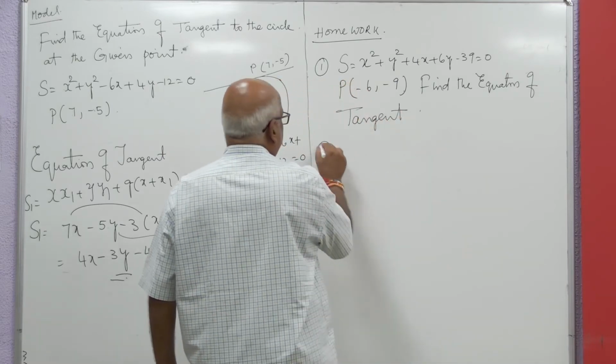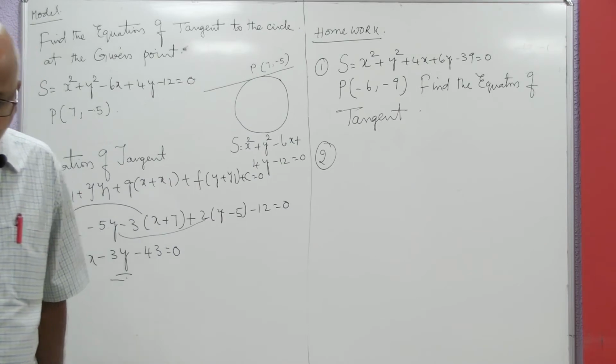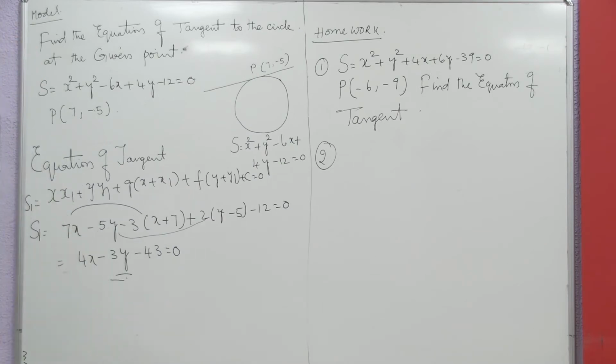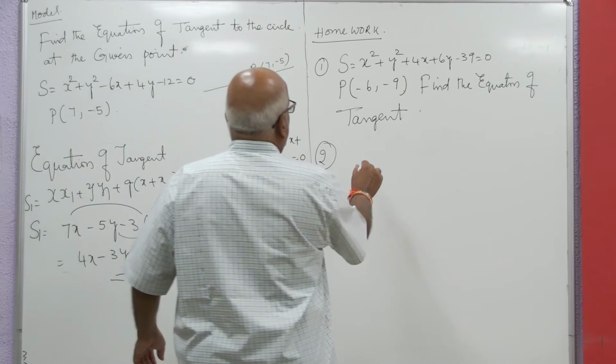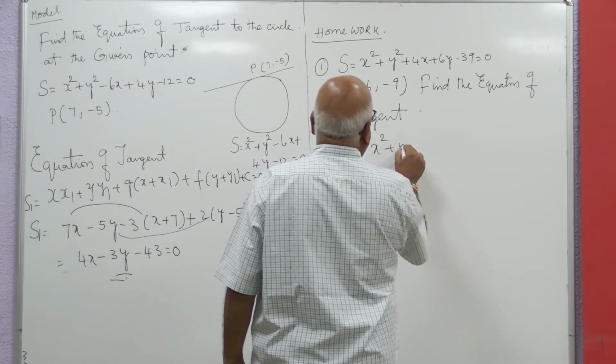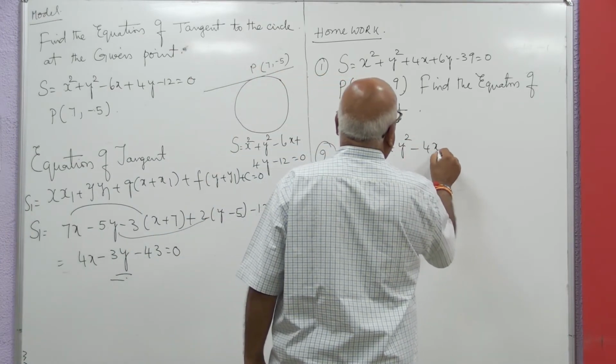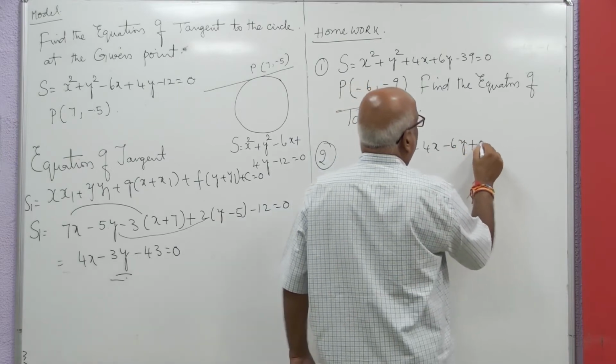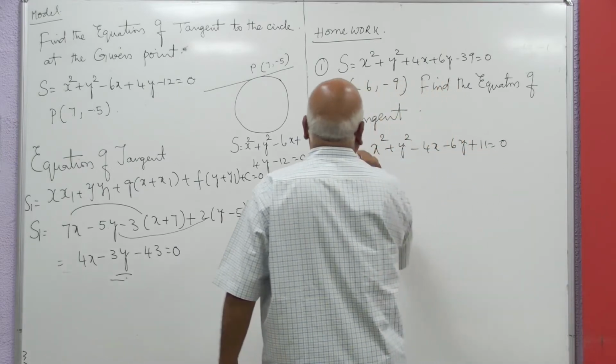Second one, in the same model, the circle equation is x square plus y square minus 4x minus 6y plus 11 equal to 0.